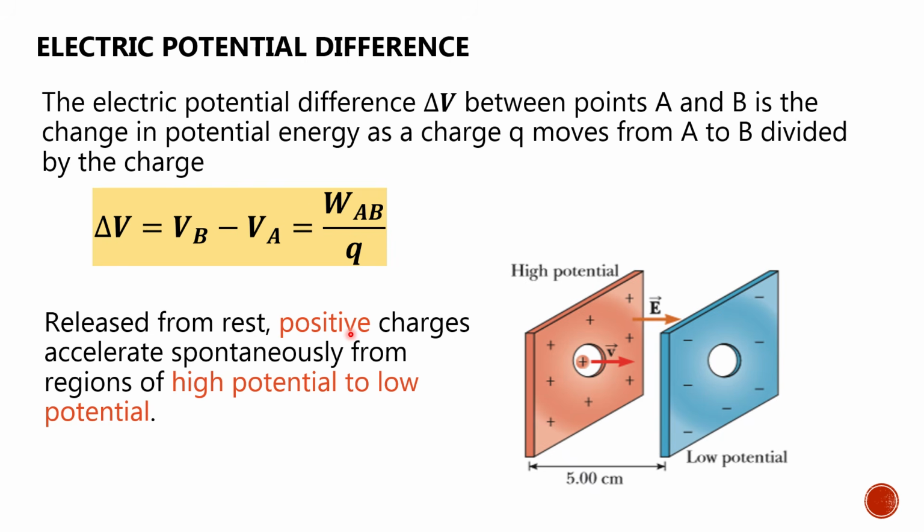For positive charges, the spontaneous movement will be from high potential to low potential. Positive charges accelerate spontaneously from regions of high potential to low potential. If we compare that with the previous slides, change in potential energy is negative, so work done is positive.